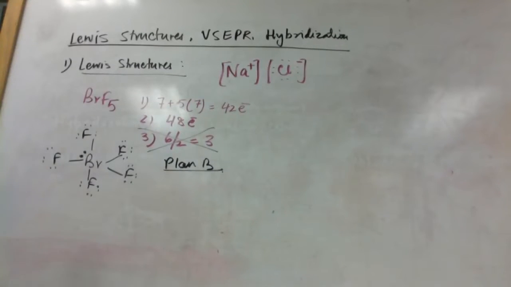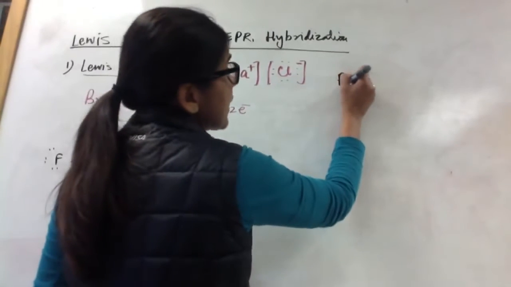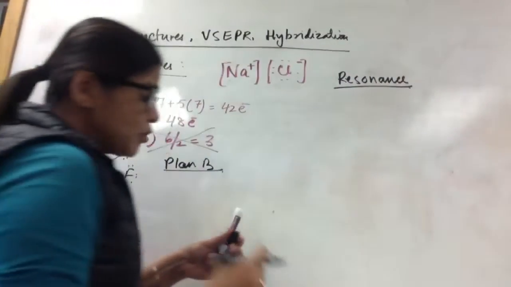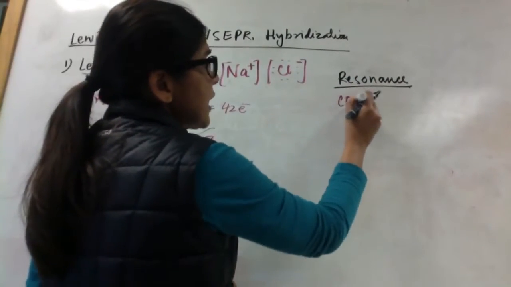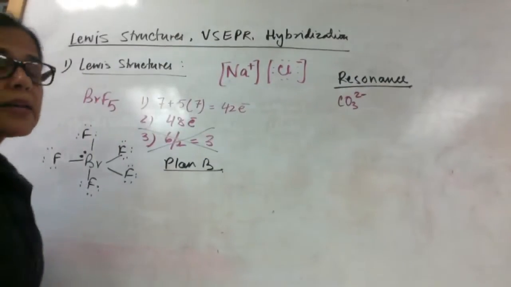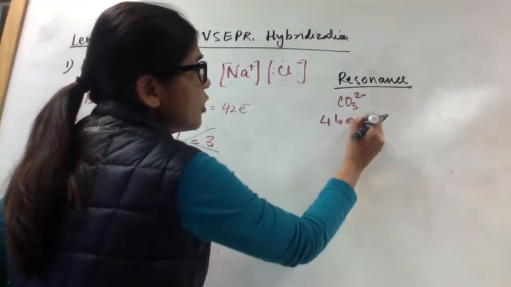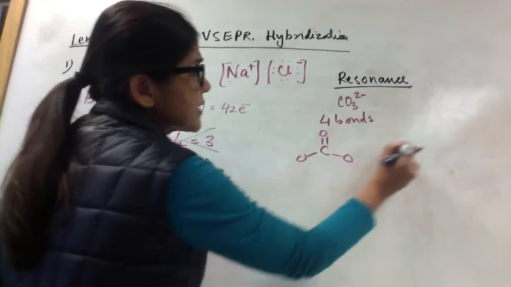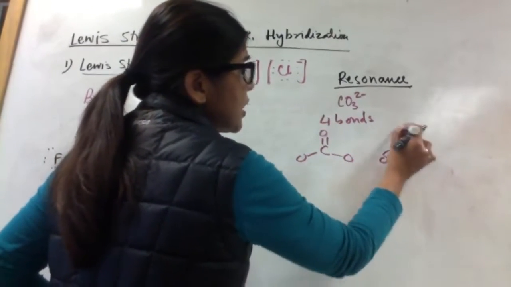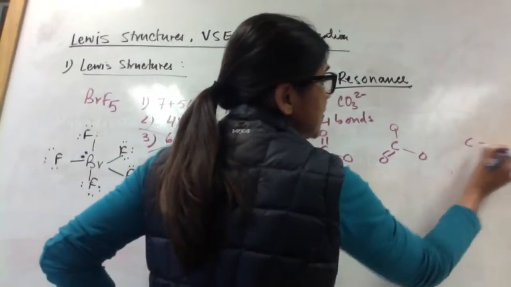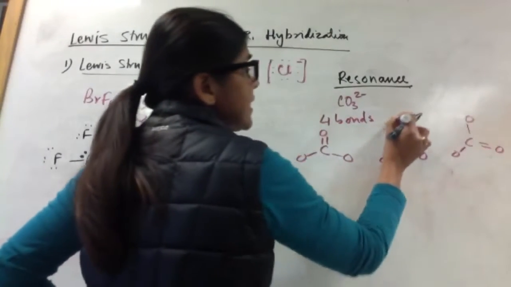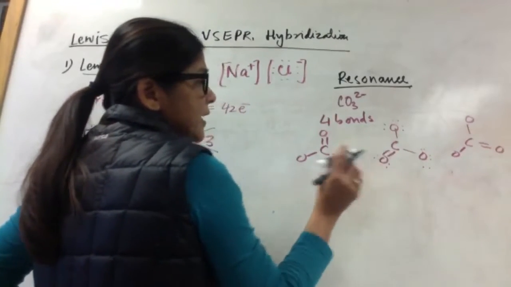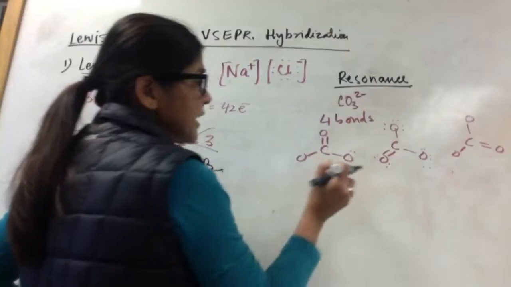Another thing to remember in Lewis structures is sometimes you can have resonance. For example, if you are drawing carbonate ion, CO3 2-, remember you'll come up with 4 bonds. And when you come up with 4 bonds, but there are only 3 things around it, you can put a double bond, but that double bond is a traveling double bond, meaning sometimes it is here, sometimes there.